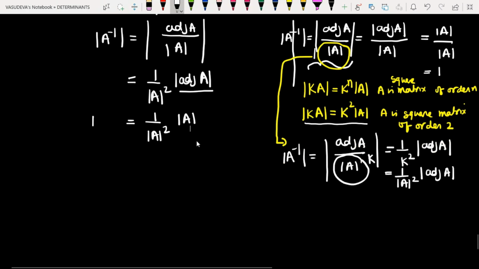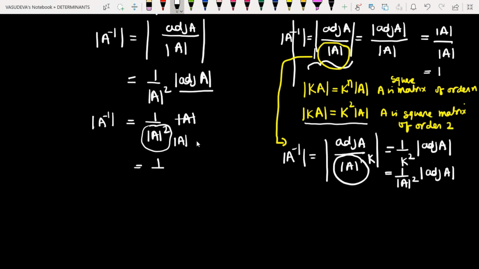So therefore determinant of A inverse is equal to 1 by determinant of A square into determinant of A. One determinant of A gets cancelled, remaining 1 by determinant of A.